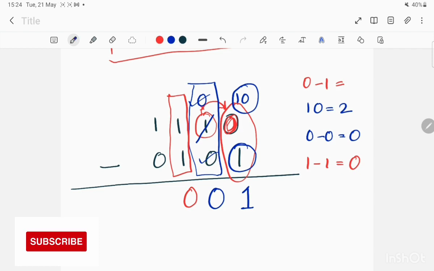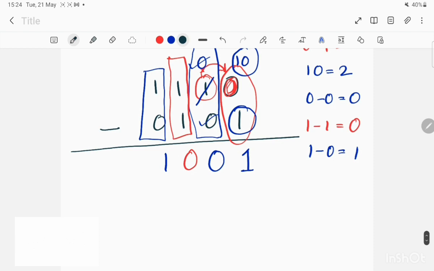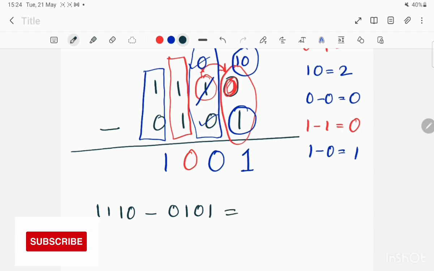And next is 1 minus 0, which is again 1. That means what we have got is 1 1 1 0 minus 0 1 0 1 is equal to 1 0 0 1.